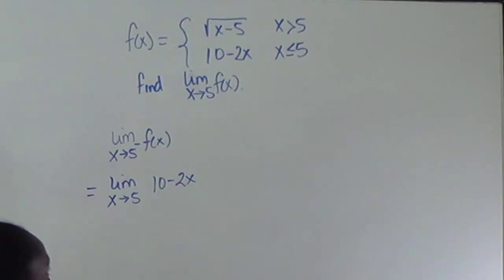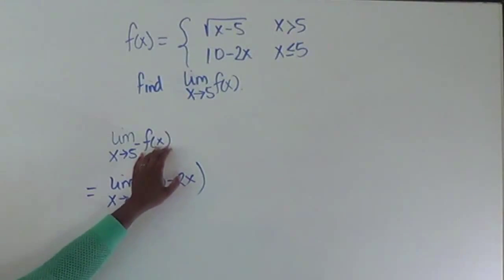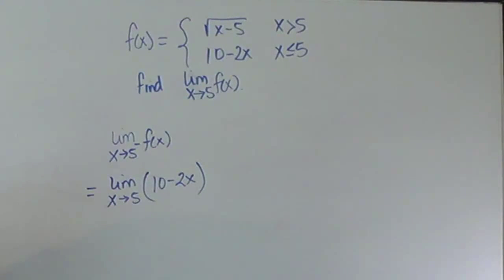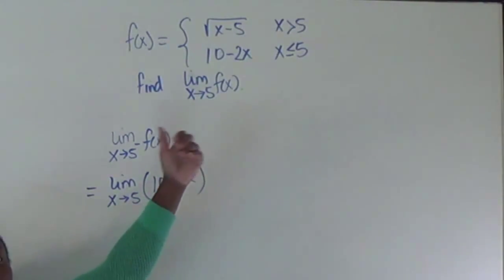Okay? Notice here I dropped the negative side, or from the left. And that's because once I've plugged in which piece of the function, in this case, I don't need the negative anymore, because if I'm looking at this piece, it is already determined that I'm to the left of 5.